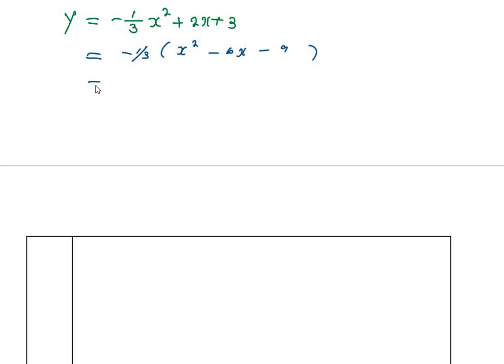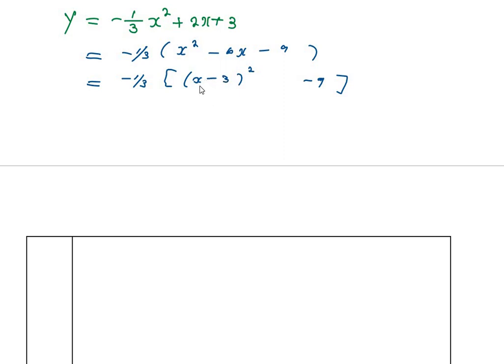So now we go inside the brackets and we need to do the completion of the square there. Remember that the minus 9 we said always stays there. So then we just take the x here, the minus as it is, and half that one. So that's going to be 3.